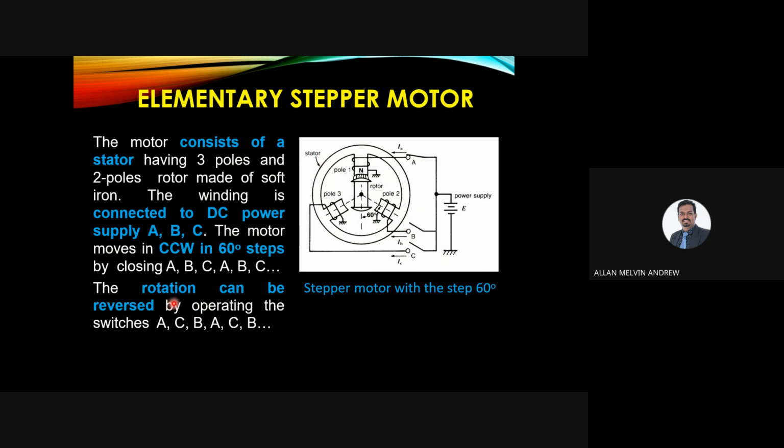The rotation can be reversed by operating the switch in the order ACB. This order can be reversed as how we want it to operate. That is the elementary stepper motor.